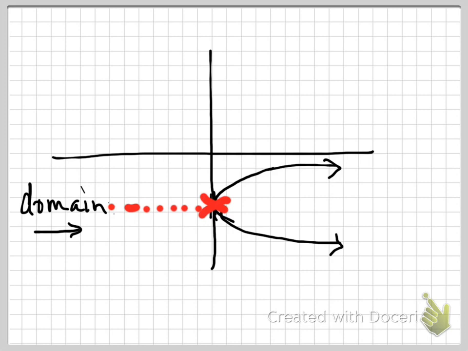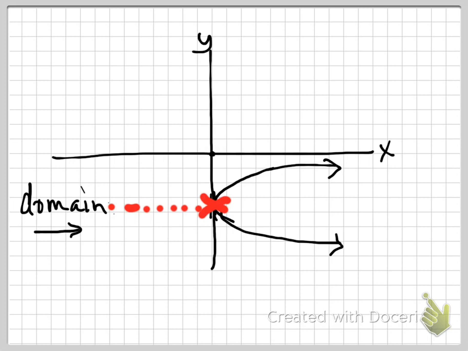Well, that value, okay, means that you haven't left the y-axis. Remember, this is the y-axis. Okay, and this is your x-axis. So that means we haven't gone anywhere in the x direction. We're still right there in the middle. Okay?